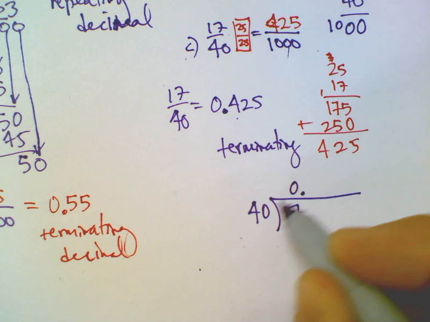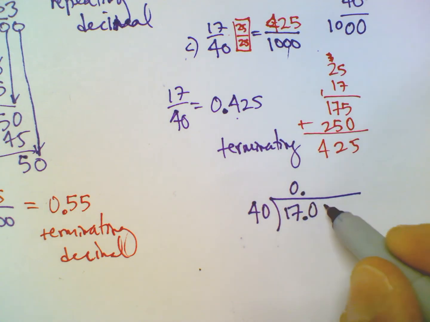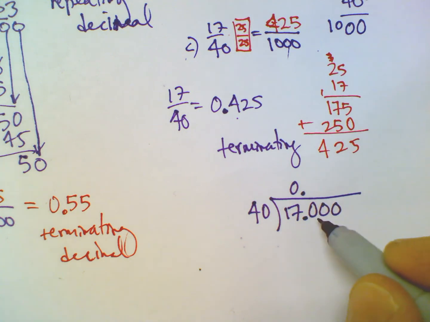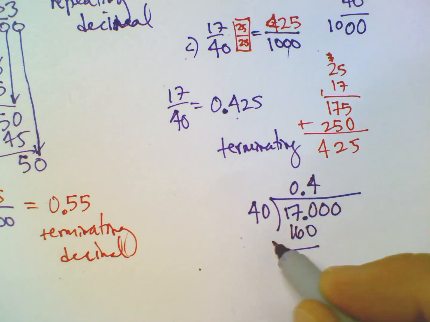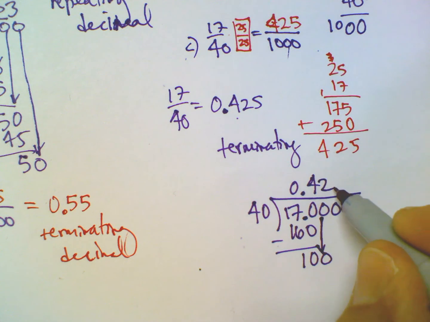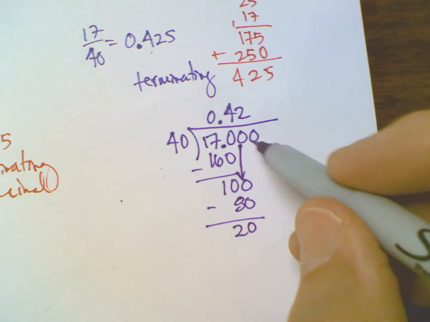We're going to have to add a decimal. 40 doesn't go into 17, put a 0. 40 goes into, start adding some zeros. 40 goes into 170 4 times. Multiply, you get 160. Subtract, you get 10. Bring down that 0. 40 goes into 100 twice. Multiply, you get 80. You following this? So this would be the other way, doing the long division.